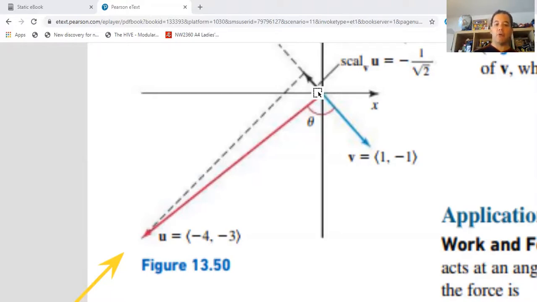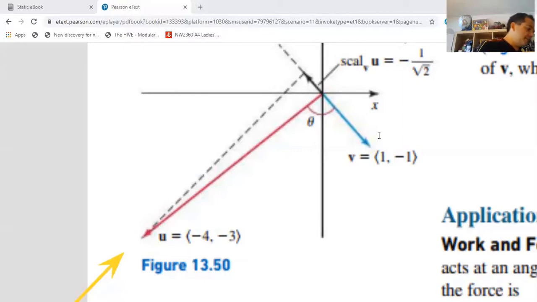And as you can tell, it points in the opposite direction of v. It points in the opposite direction because the angle between the two vectors is bigger than 90 degrees. And the scalar that we're multiplying by is -1 over root 2. So how big that vector is, is 1 over root 2 times a unit vector, and the fact that it's negative means it points in the opposite direction of the vector v.